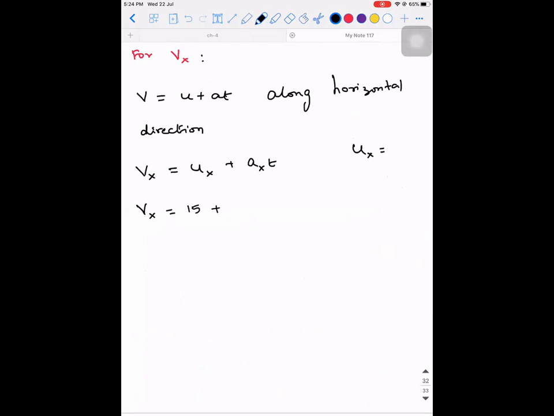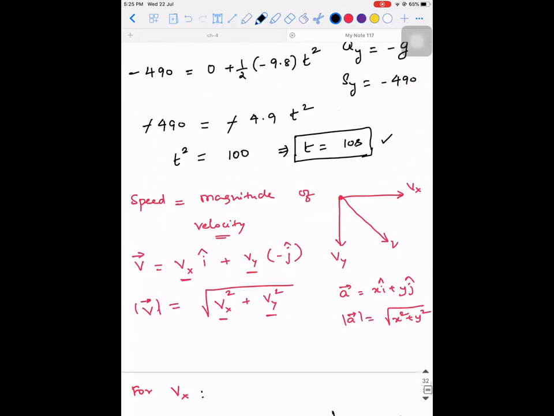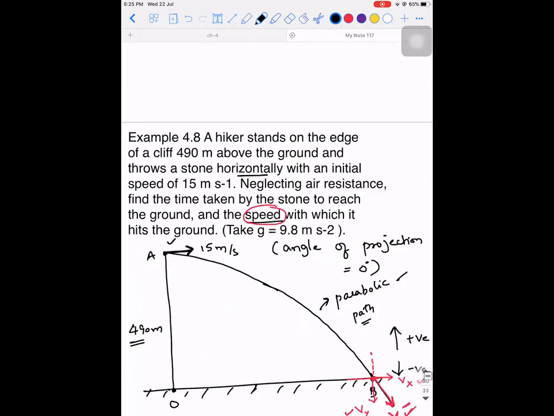That's it. What is the acceleration along x direction? Generally, for a particle in projectile motion, its acceleration along x direction is 0, provided air resistance is ignored. They've given it in the question, neglecting air resistance. So indirectly, they've told you. So the meaning of this point is Ax is 0.